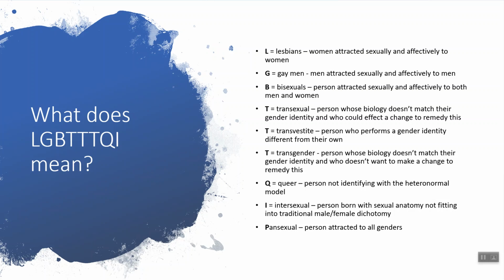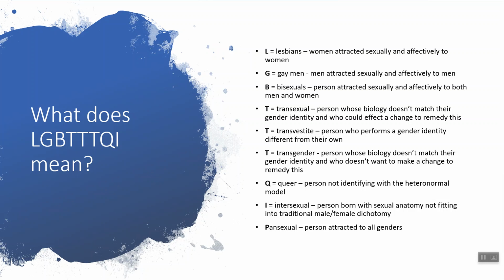So the words lesbian, gay and bisexual I think are pretty clear to most people. What normally causes confusion in the term LGBTTQI are the T's. So let's begin looking at the first T, transsexual. A transsexual is a person whose biology doesn't match their gender identity.